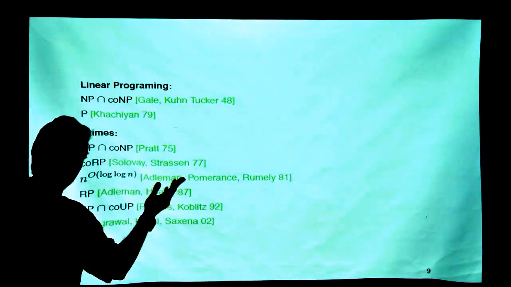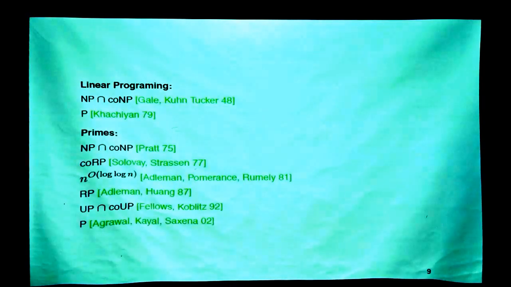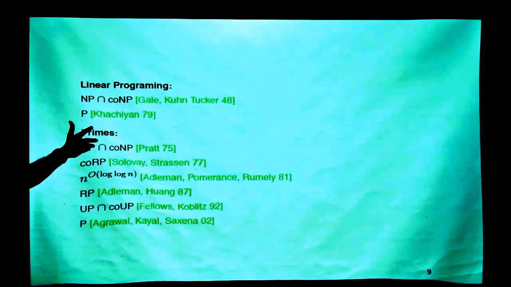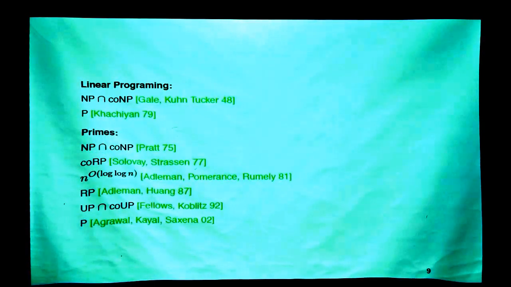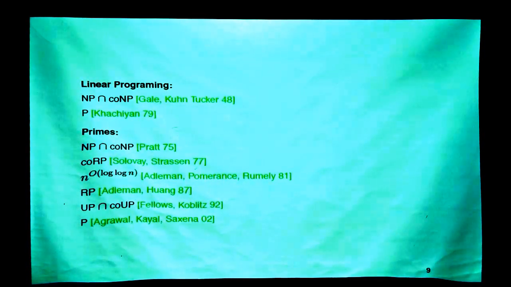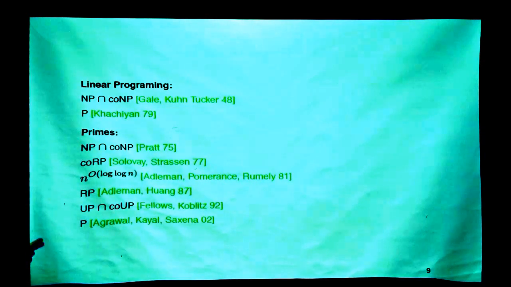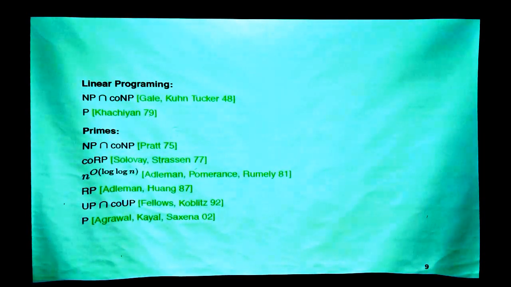At the beginning the class did not exist, but if you look at their work, basically Gale, Kuhn and Tucker, already in '48, showed that it was in NP and co-NP, and much later it was shown to be in P.